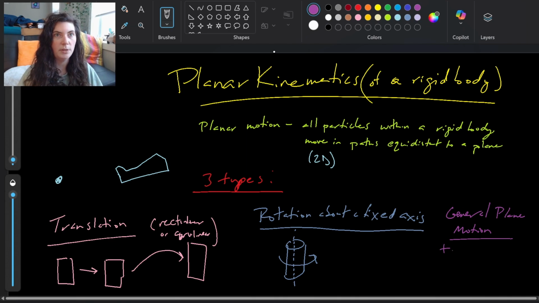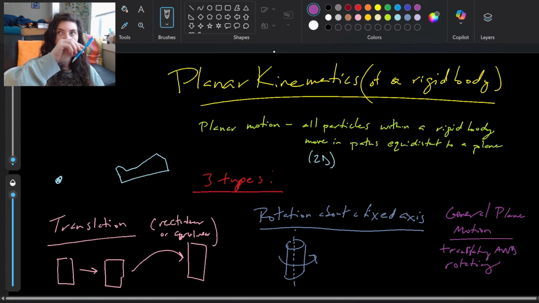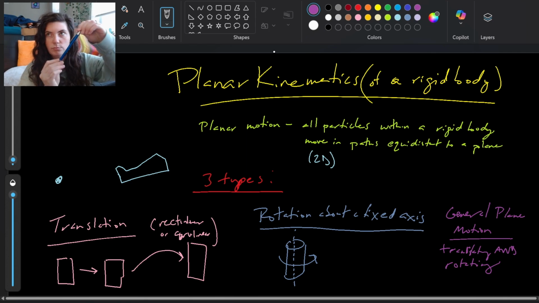So a body will be translating and rotating at the same time. That could be something like a rectilinear translation, but also spinning about its center axis and moving like this. There could be rotation about the center axis while moving through curvilinear motion.